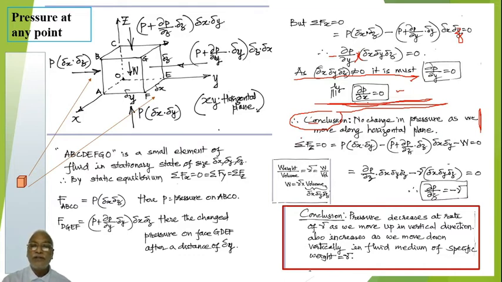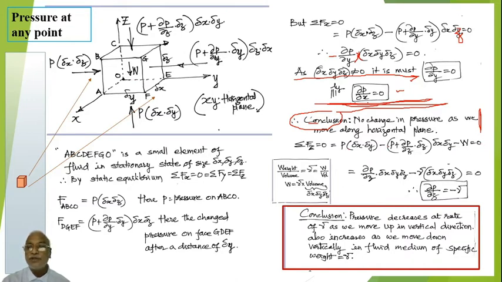But sigma fz is equal to 0. Let us say here the equation becomes p delta x delta y minus this term, p plus dou p by dou z into dou z, multiplied by delta x delta y, minus, again there is a weight w, equal to 0.